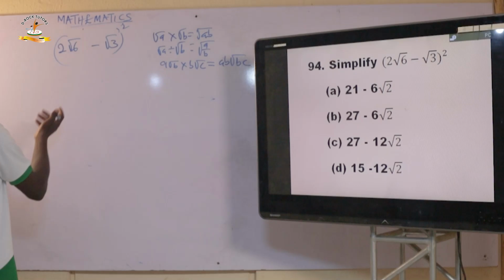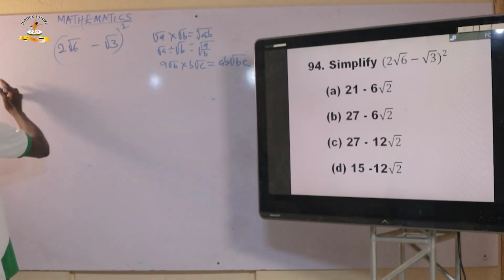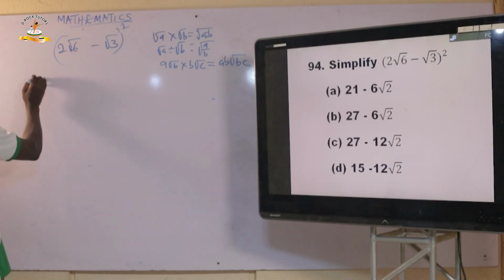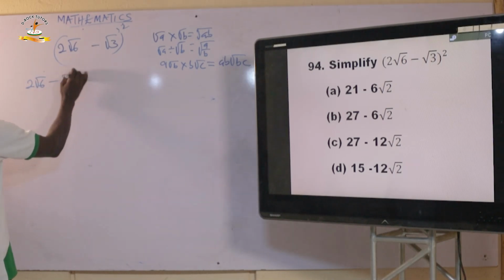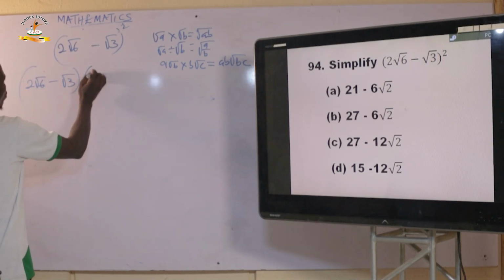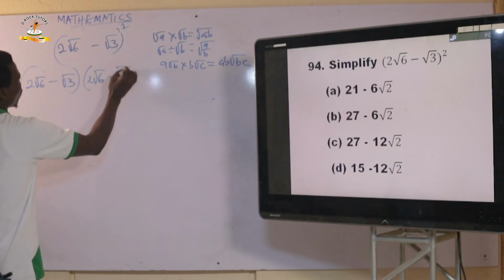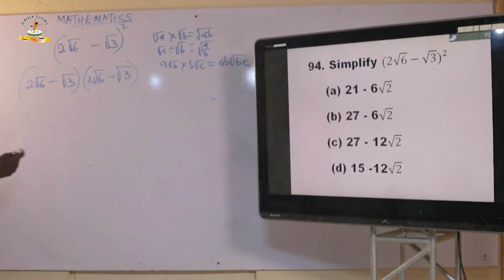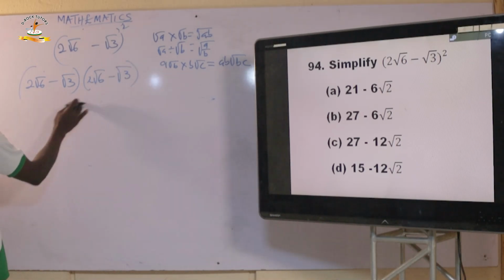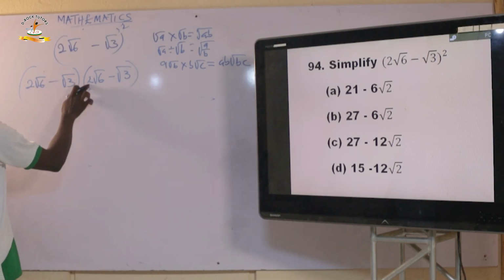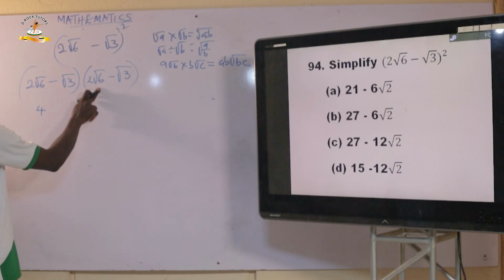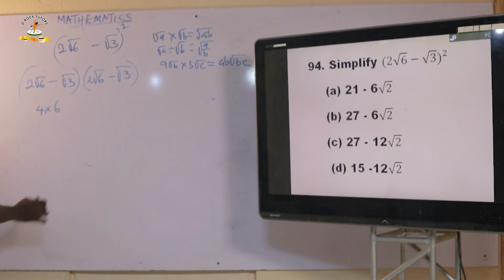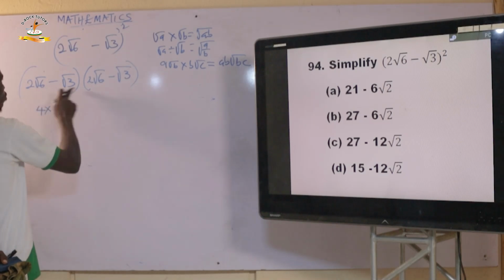So let's go ahead. Square means we repeat it again, so I will rewrite: 2 root 6 minus root 3, times 2 root 6 minus root 3. Let's see. So we open the bracket. 2 times 2 here will be 4, but root 6 times root 6 is simply what? 6. Root 6 times root 6 is 6. So that is 24. Then we use this to multiply this again.